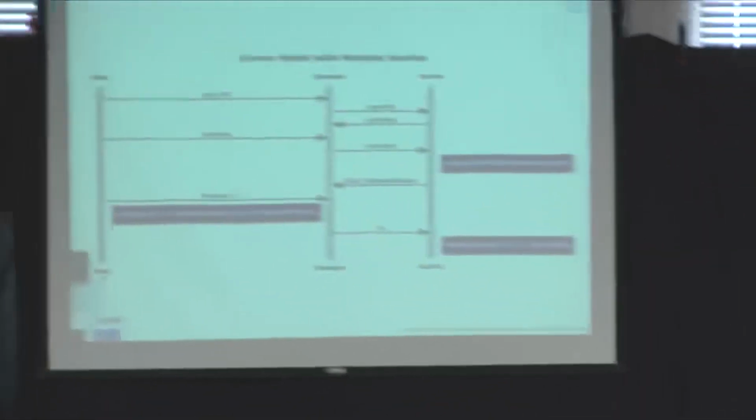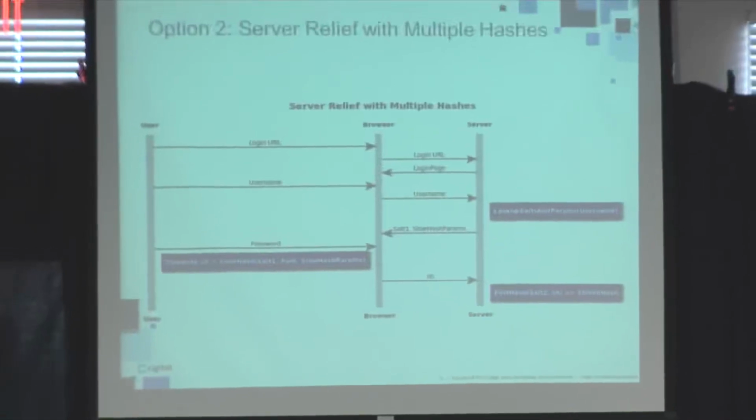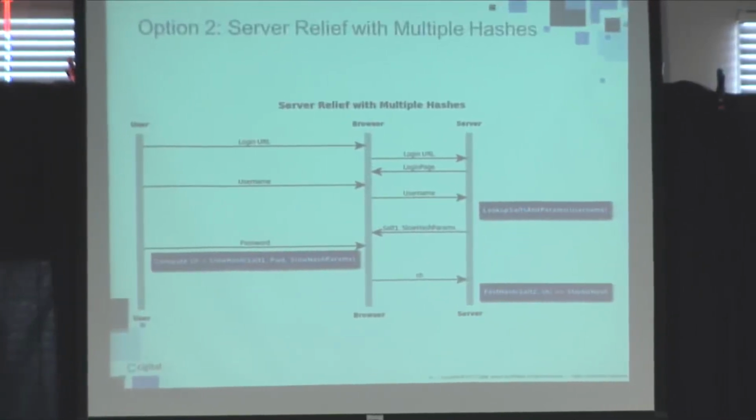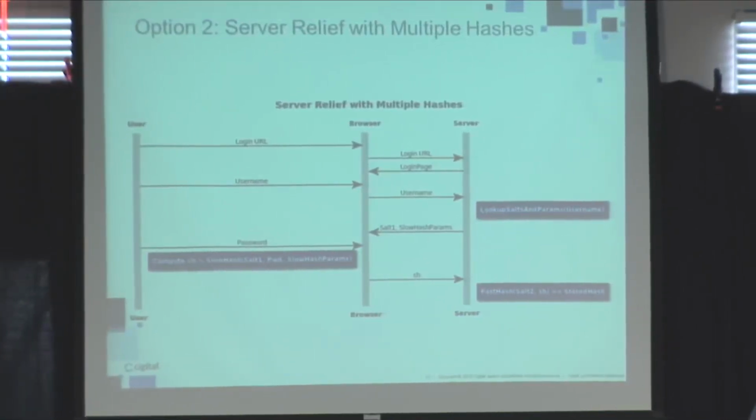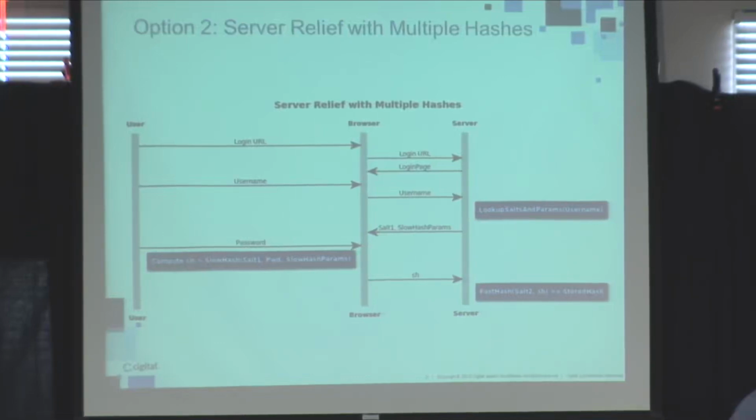Let's take a look at another approach. This approach involves using two hashes. We're trying to solve that problem of, if the password table gets compromised, those values are the passwords. So what we do is adaptive hashing on the browser side as before, but what we store on the server side is just a traditional cryptographic hash of what the browser sends.